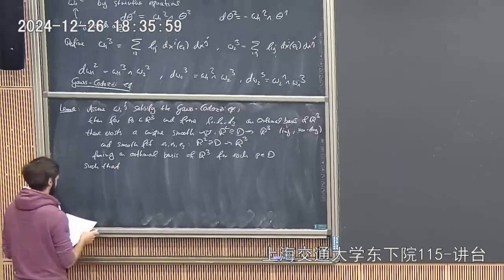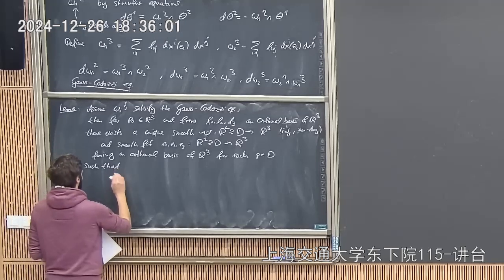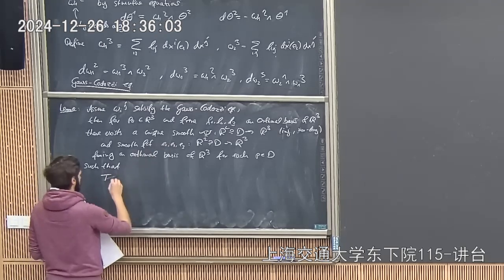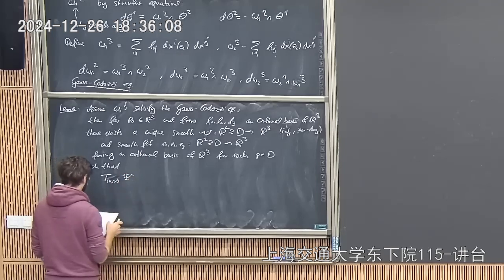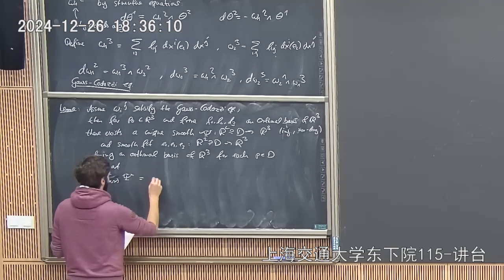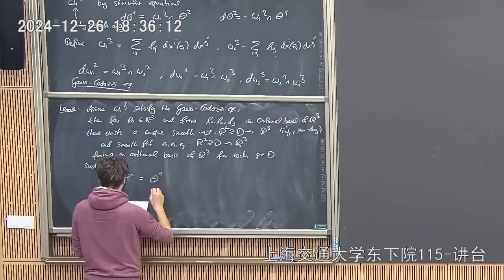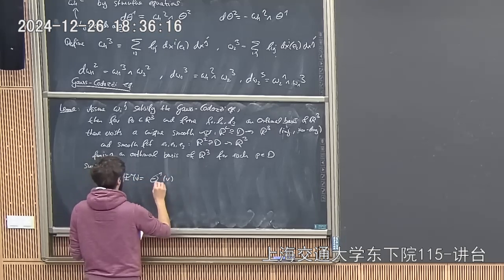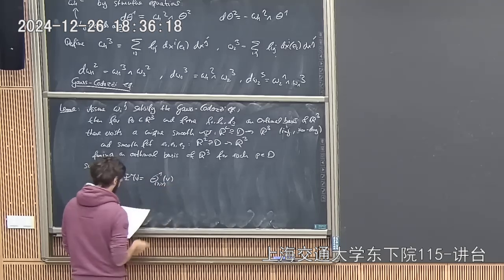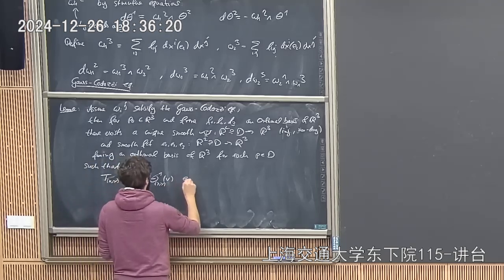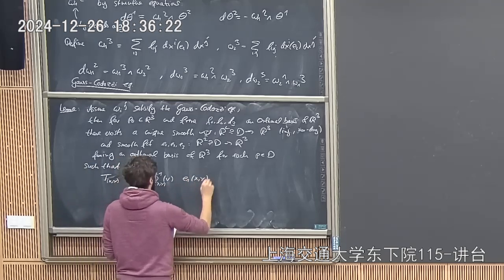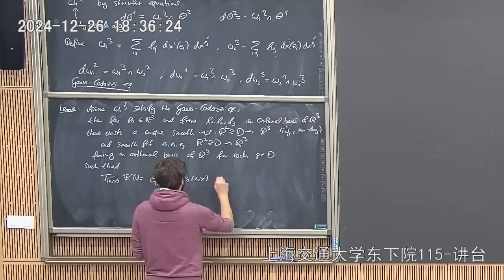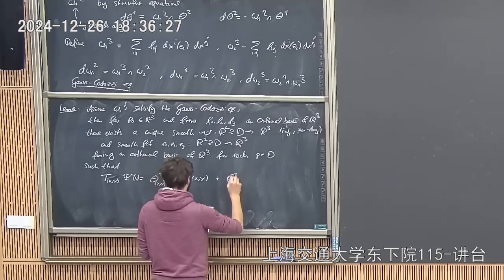the following equation holds, namely if you take the tangent map of psi, you get theta 1 at a point x, y, times E1 of x and y, plus theta 2 times E2.